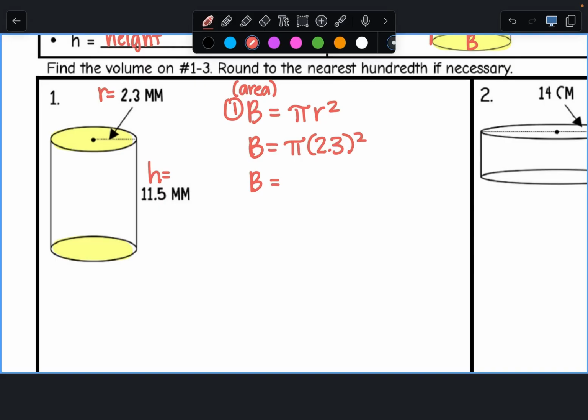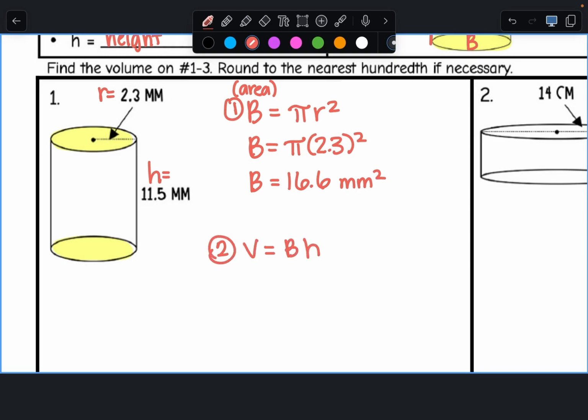So pi parentheses 2.3 squared. What do you get? 16.6. Okay. Now, because we squared one of those numbers, that is in millimeters squared.